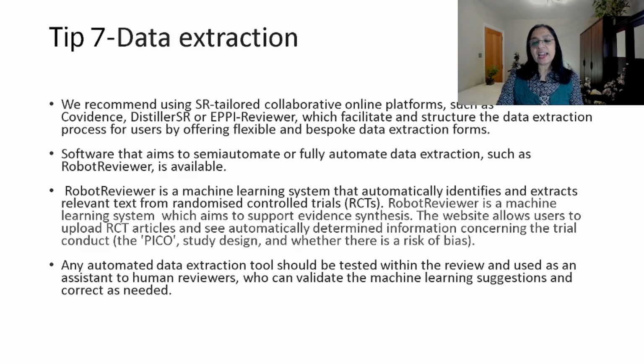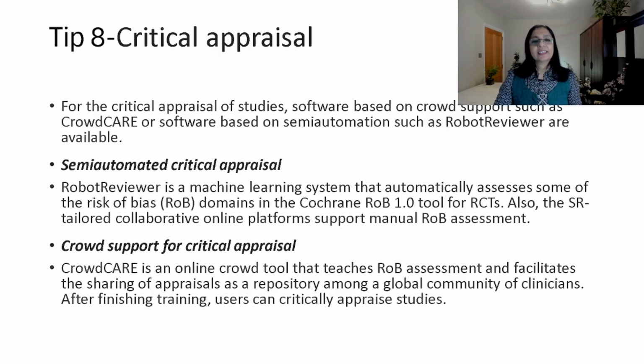The website allows users to upload RCT articles and see automatically determined information concerning the trial, like PICO, study design, and risk of bias. Any automated data extraction tool should be tested within the review and used as an assistant to human reviewers who can validate the machine learning suggestions and correct as needed.